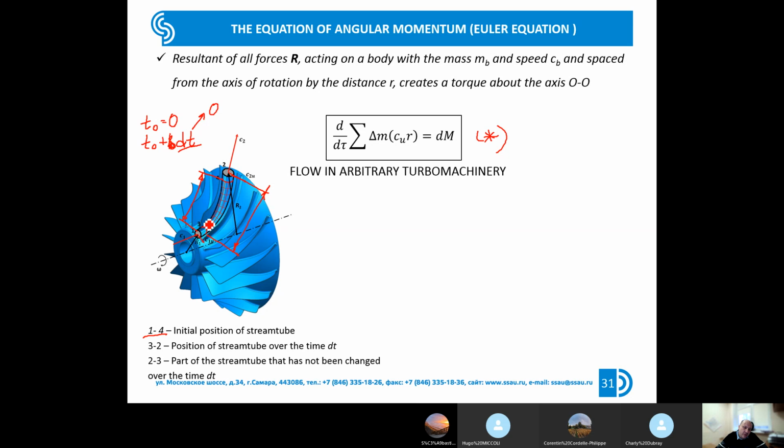If you look carefully, we will find that the part of the tube 3, 4 is the same in the two cases, at time t0 and at time t0 plus dt, and this part, 3, 4, doesn't change during the process we are investigating. It means the angular momentum of this element doesn't change.